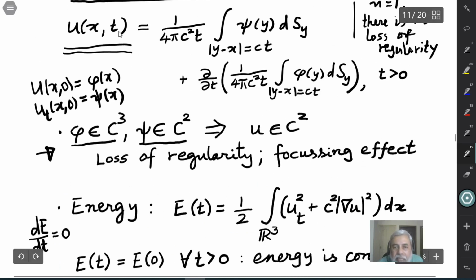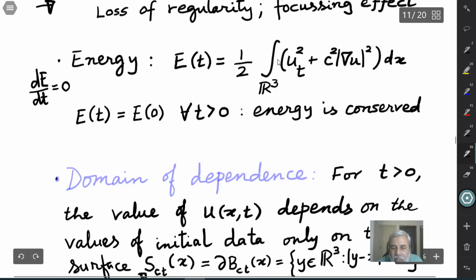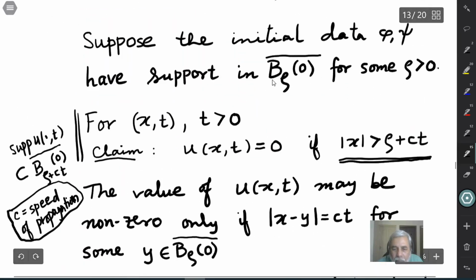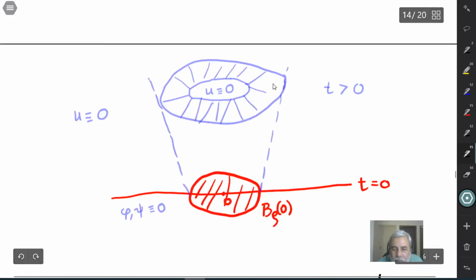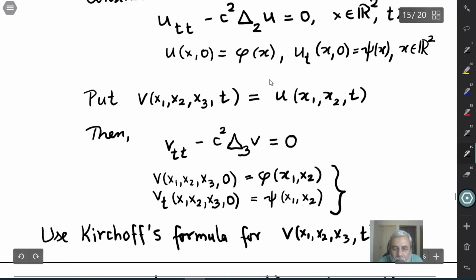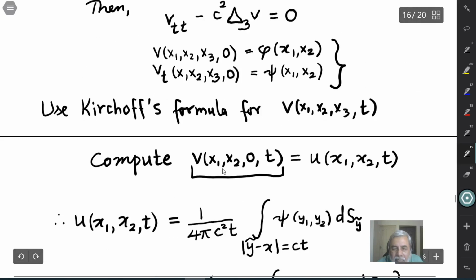So this is a two-dimensional surface integral in 3D. We use slightly different notation here, so as not to be confused. So let's write down the expression for v of x1, x2, 0, t using the Kirchhoff formula.